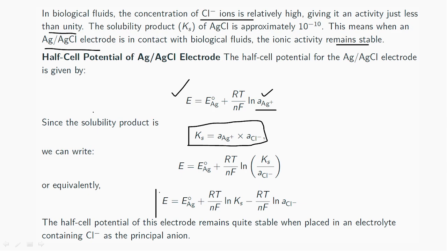So the equation we get for the half cell potential is RT by NF ln Ks, and this division becomes minus, so minus RT by NF ln a Cl. The half cell potential of this electrode remains quite stable when placed in an electrolyte containing Cl as the principal ion. So if you know these concentrations, we can calculate the potential developed.